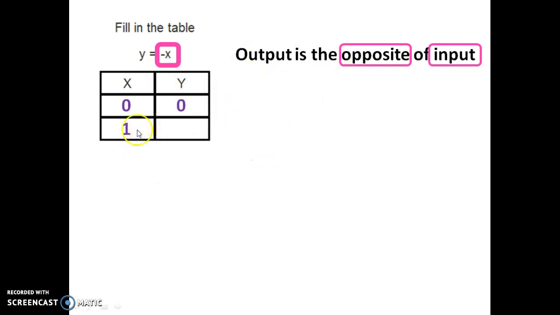If we choose 1 as our input, the opposite of 1 is negative 1, so our output is negative 1. If we chose negative 4 for our input, well, the opposite of negative 4 is positive 4, so this output value would be positive 4.